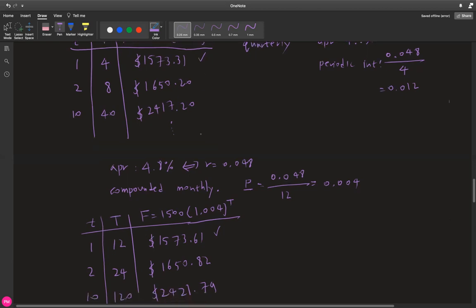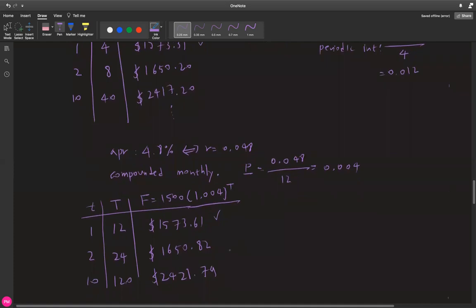And you can see that the difference between the two gets greater as the years go by. So if you look at the 10 years, with the quarterly it's 2,417, whereas for monthly it's 2,421.